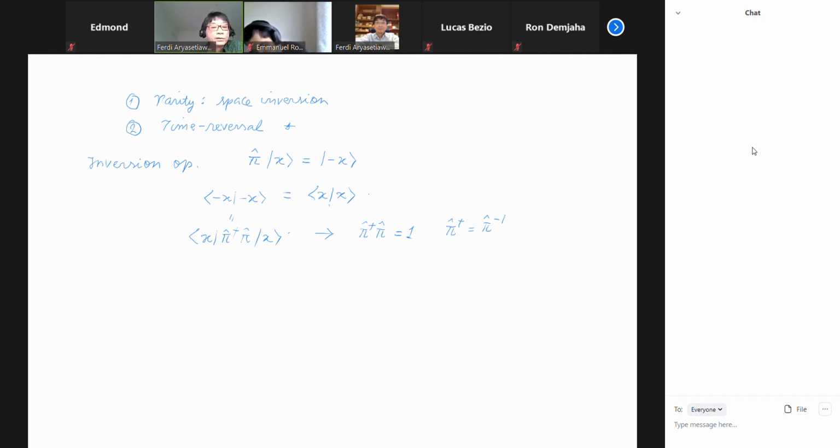That also means that pi is Hermitian, because we get pi to the minus 1 equal to pi, and that's equal to pi dagger.